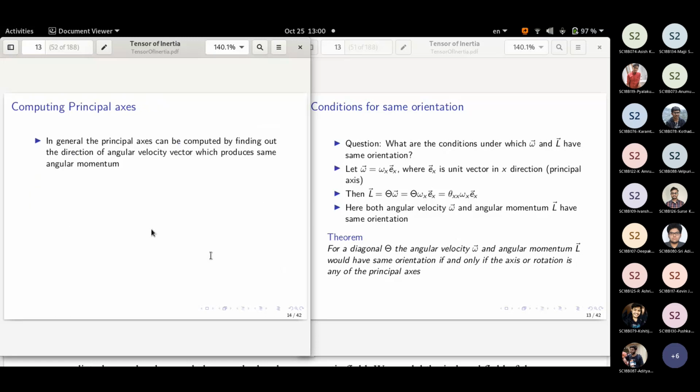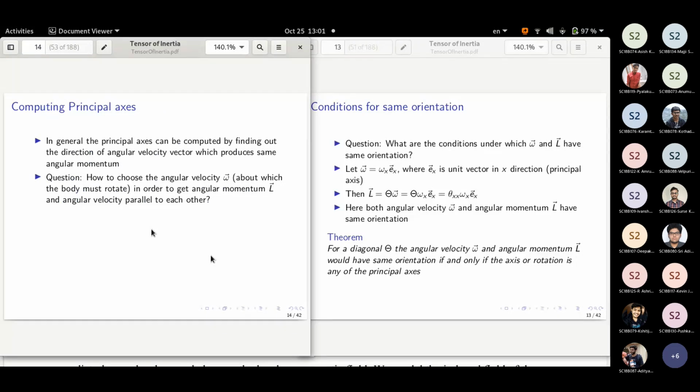So let us see. This is the general definition that we are talking about. In general, the principal axis can be computed by finding the direction in which the angular momentum and the angular velocity vector have the same direction. So the question is, if you have an arbitrary coordinate system with which you have defined the tensor of inertia matrix, how do you choose the angular velocity such that the angular momentum vector is in the same direction?